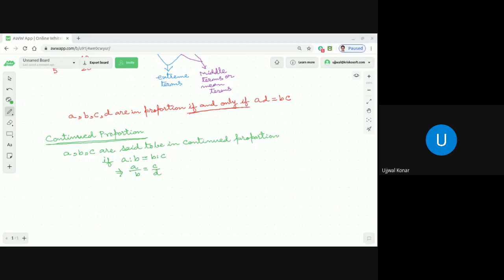Got it? In the same manner, we can say A, B, C, D are in continued proportion.